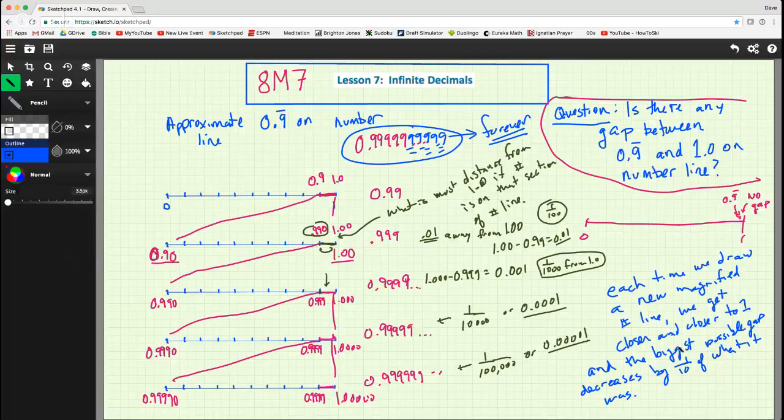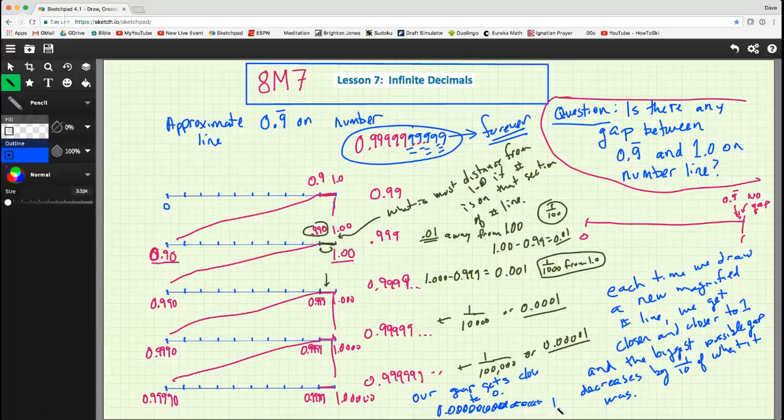And if we keep going forever, our gap gets close to 0, because eventually, after we've done this 1,000 times, we're going to get a gap of 0.0000000000000000000000001.